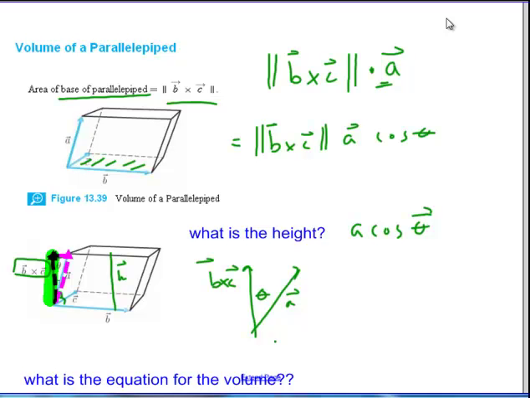And by dotting it, we don't really need this magnitude anymore, because when we dot our B cross C vector with A, this is going to result in a scalar, and that scalar is the volume.